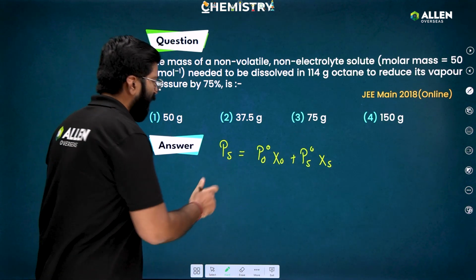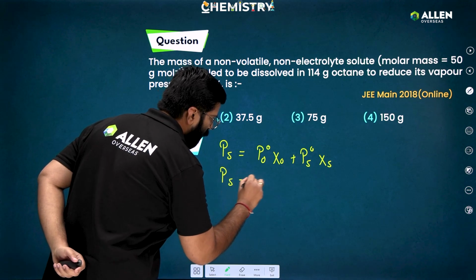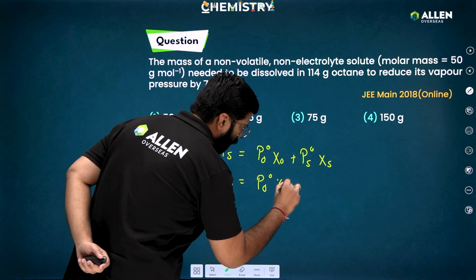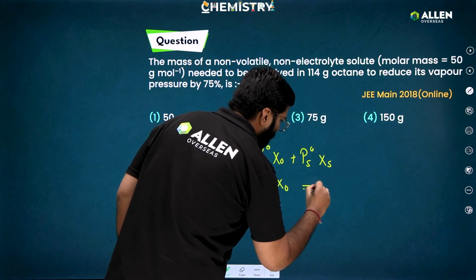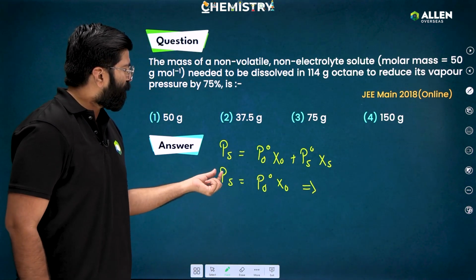So I can directly write PS is equal to P naught O and the mole fraction of O.